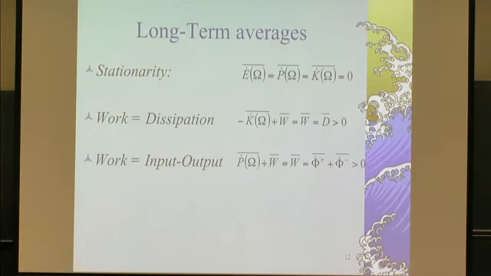Okay? So on the average, we have conversion of potential into kinetic energy, and also that this work is equal to, guess what? The differential heating. So the difference between the heating in the warm and the heating in the cold parts.